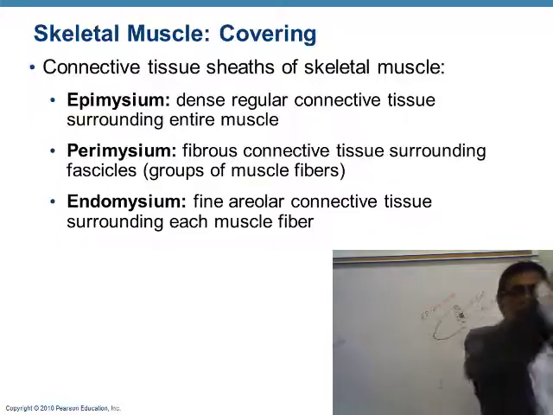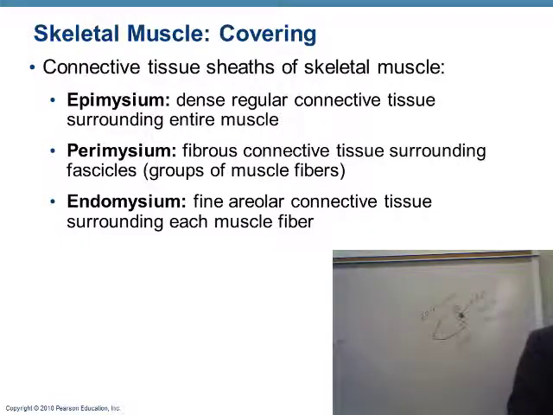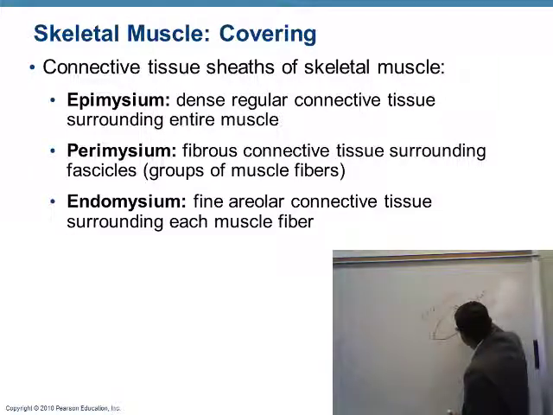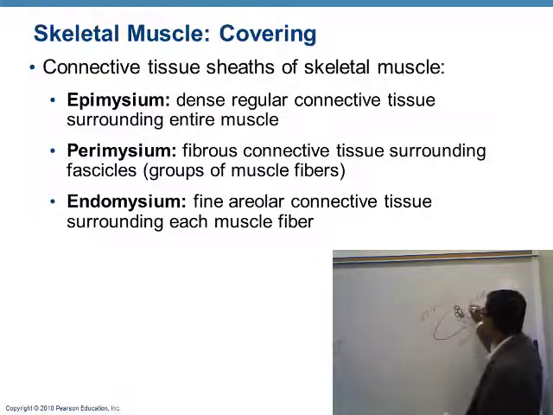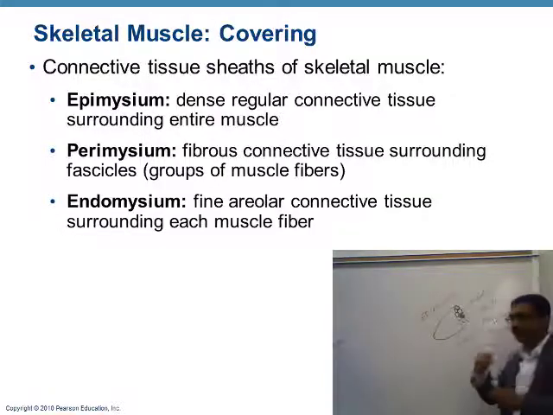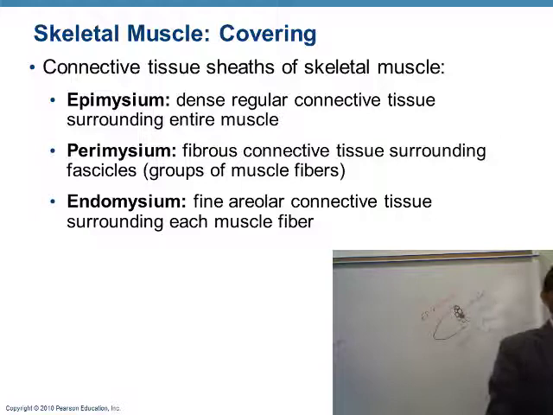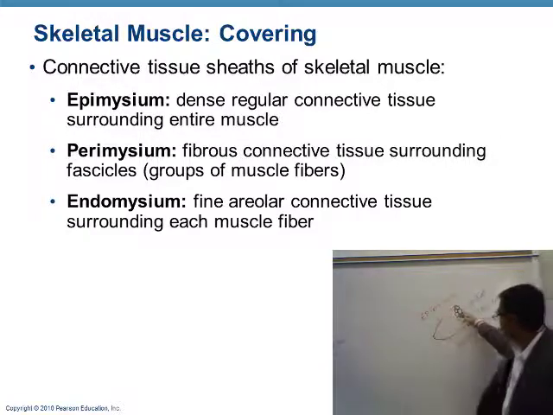Then the fascicle is covered by another connective tissue sheath. So each fascicle has a covering like this, and that covering of the fascicle is called perimysium. Peri means around. So perimysium is the covering of each fascicle.